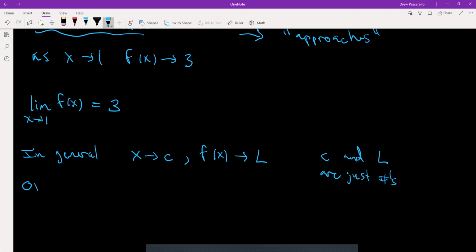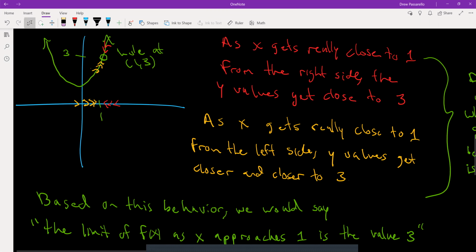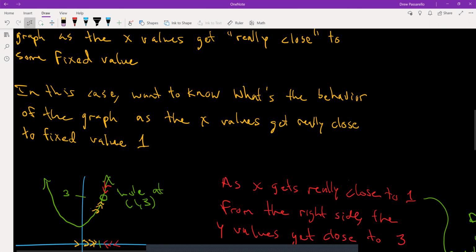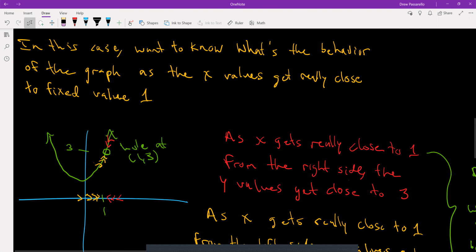Or it'll be limit, LIM, x approaches c, and then f of x equals L. All right, so what I've done here is determine the limit from its graph. This is using the graphical approach.